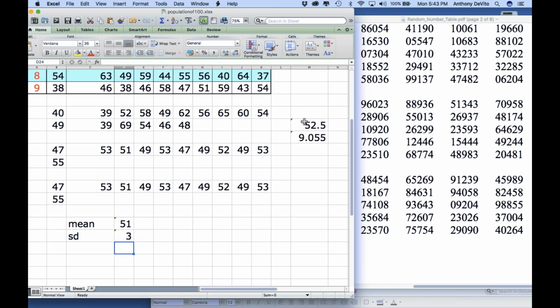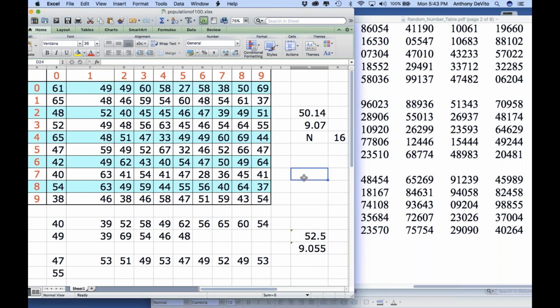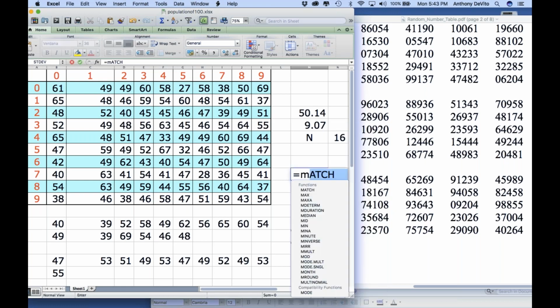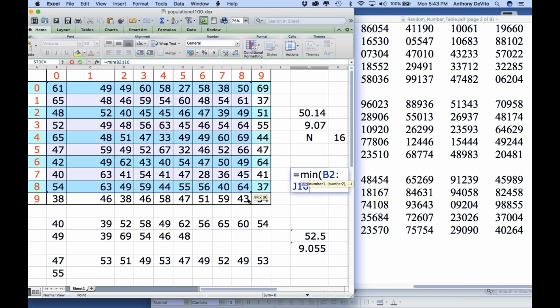In other words, the smallest number here, the minimum, is 27. The biggest number here is 69. That's how spread out these numbers are in this population.